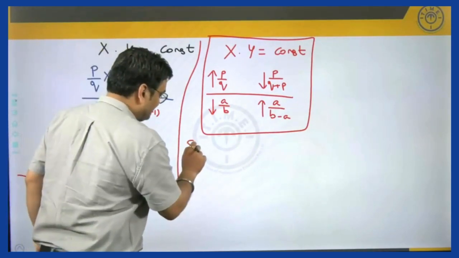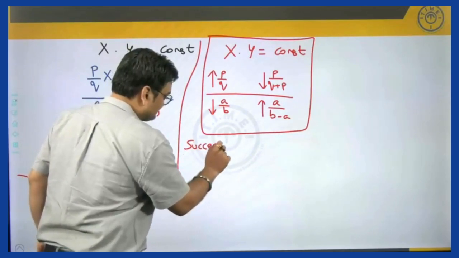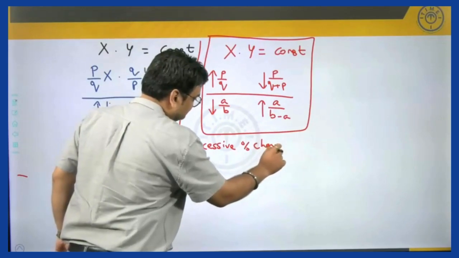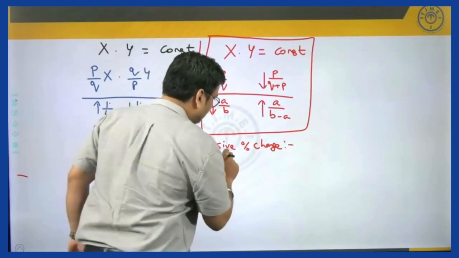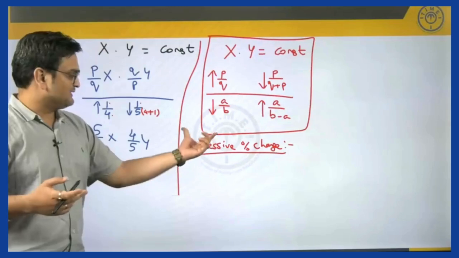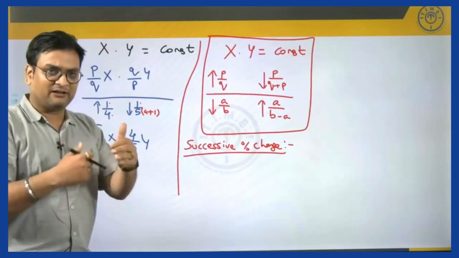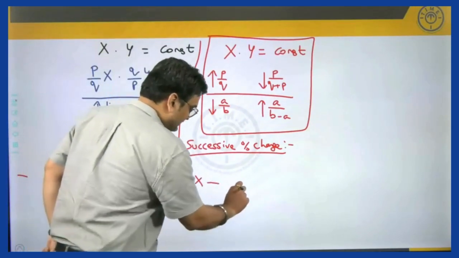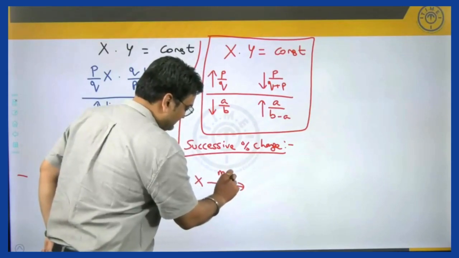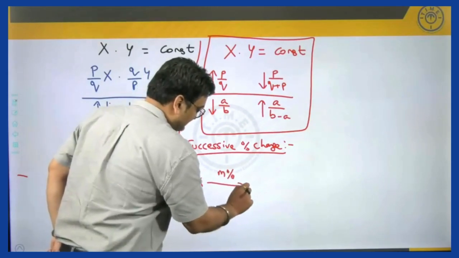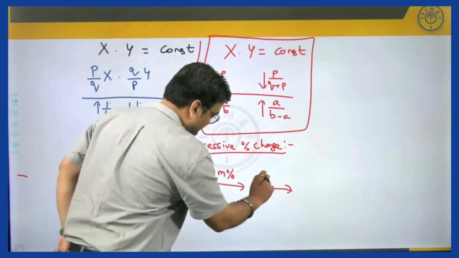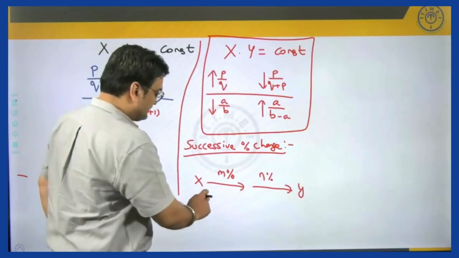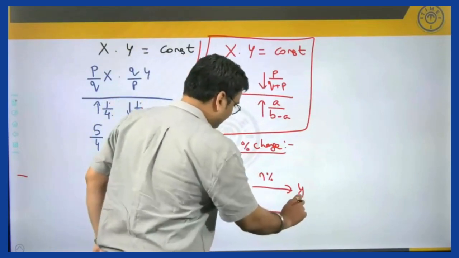Besides this, there is something else called successive percentage change. So what do we mean by successive percentage changes? As the term itself indicates, successive means one after the other. So for example, let's say there is a variable x, it first increases by m percentage, then it increases by n percentage, and finally it becomes y. What is the overall change from x to y?